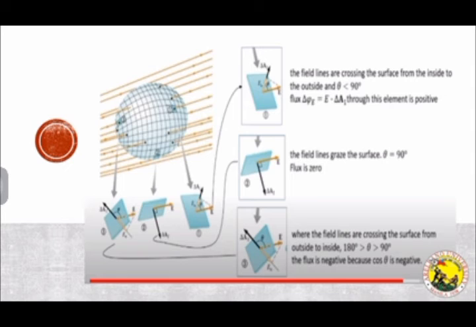We are often interested in evaluating flux through a closed surface, which is defined as one that divides the space into an inside and an outside, so that one cannot move from one region to the other without crossing the surface. The surface of a sphere, for example, is a closed surface.